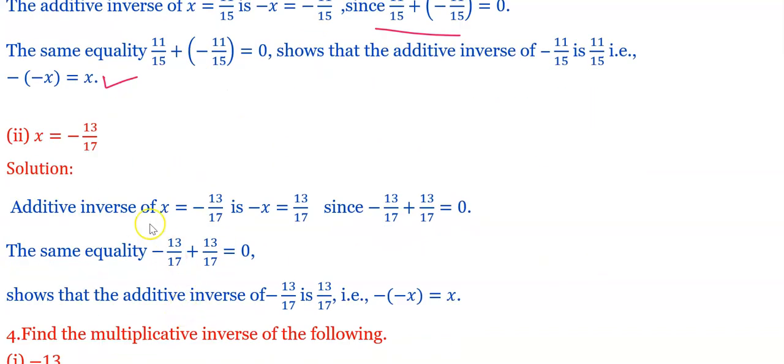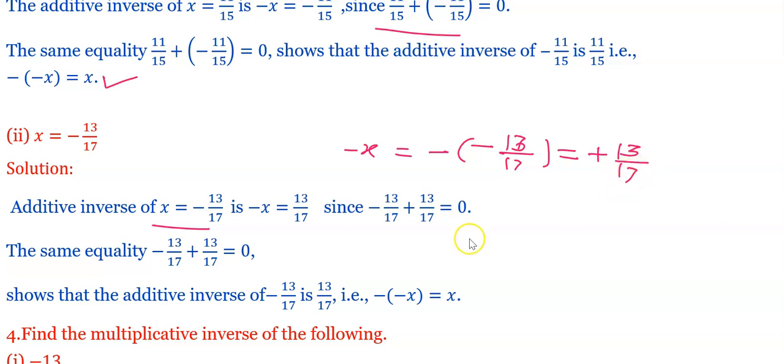Now the next, x is equal to minus 13 upon 17. Again the additive inverse of x, which is minus 13 upon 17, is minus of this. Now the minus x, we can write as minus (minus 13 upon 17), and overall here you will get plus 13 upon 17.